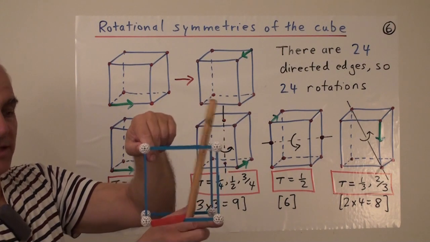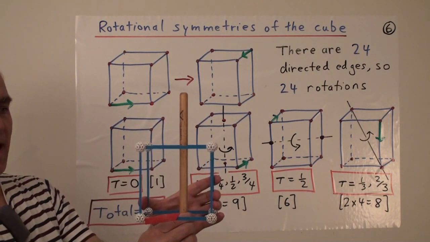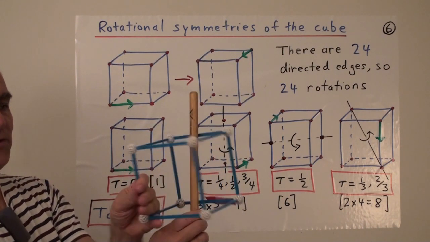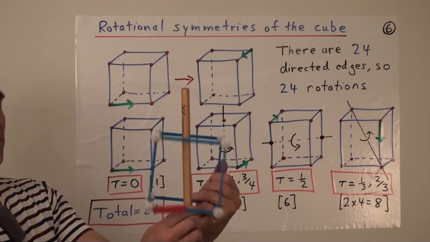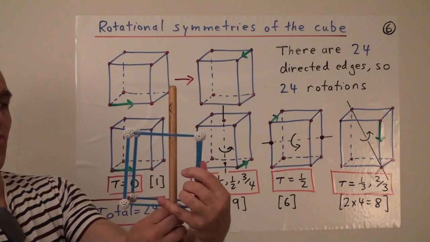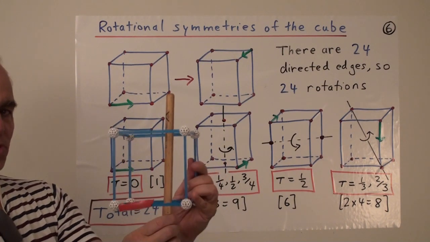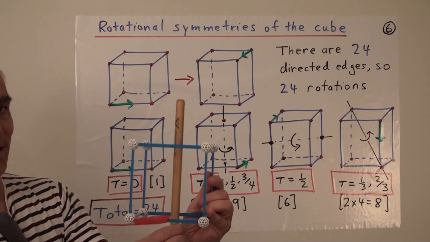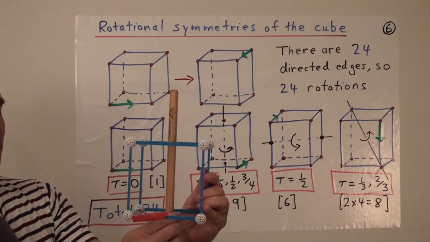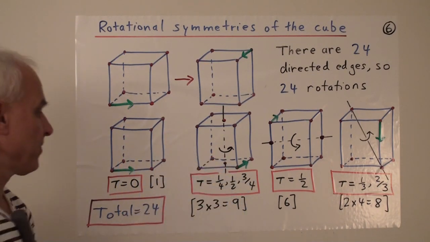Now if I rotate the cube about that axis, I can do a quarter turn, or a half turn, or a 3/4 turn, which is the same as a negative quarter turn. We're not counting the 0 turn because we've already included that in our list. So the new rotations about this axis are a turn of 1/4, 1/2, or 3/4.